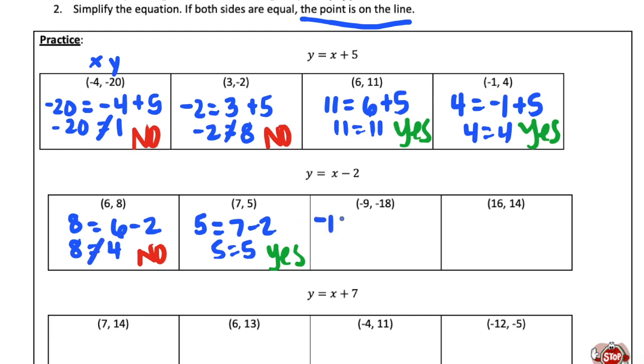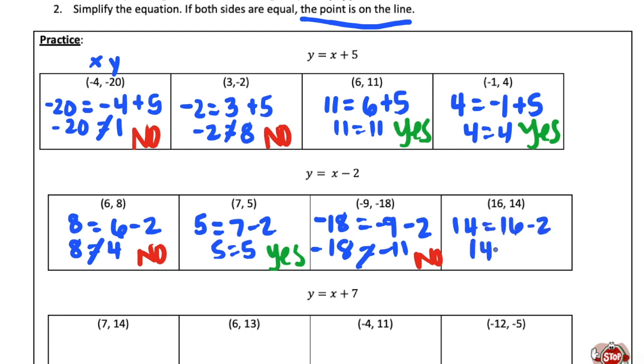We have y of negative 18, negative 9 is our x, but negative 9 minus 2 is negative 11. So that is not on our line, because they are not equal. And finally, we have 14 equals 16 minus 2, and 14 does equal 14, so that means that yes, this point is on our line.